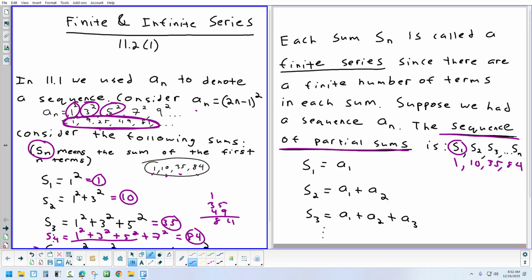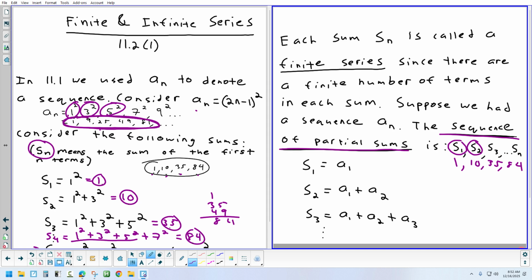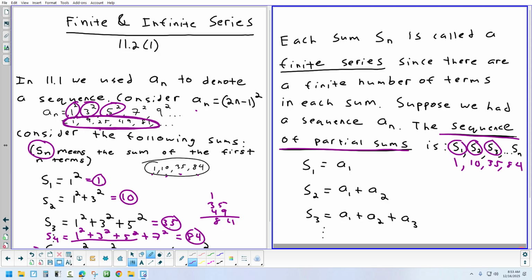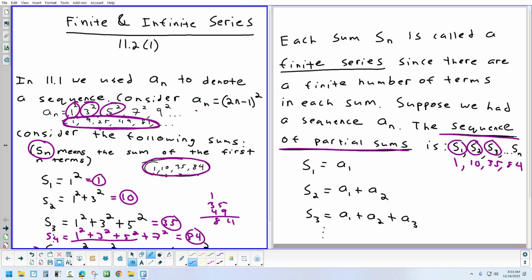The second number, 10, was calculated by adding up the first 2 numbers in that sequence. S sub 3 we got by adding up the first 3 numbers, and S sub 4 by adding up the first 4. Okay. So the name of this sequence is called a sequence of partial sums. Any questions on how we got the 1, 10, 35, 84?